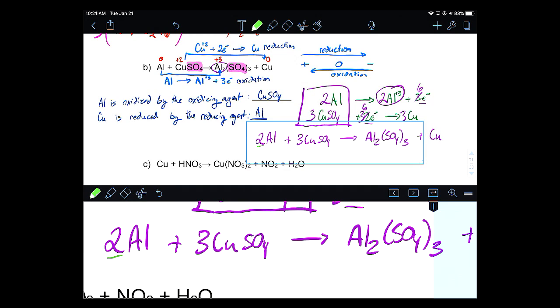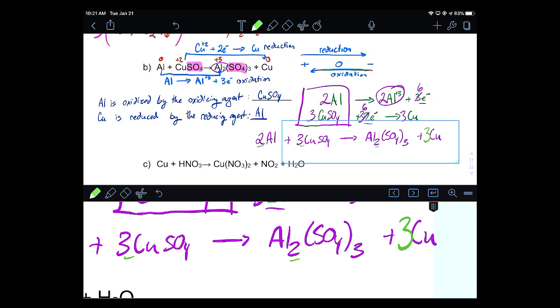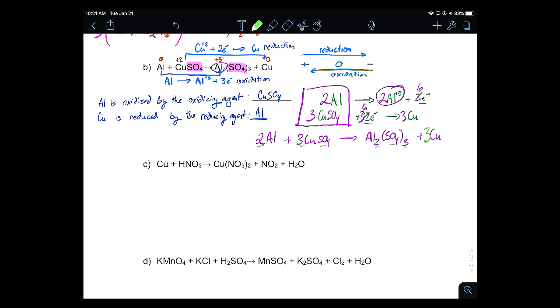So 2 aluminums, that's balanced. I have 3 coppers, so I'm going to put a 3 here for copper. And then I have 3 times sulfate and 3 times sulfate. So that is the balance there. Got a little messy at the end there, but there are a couple other ways you could do it.